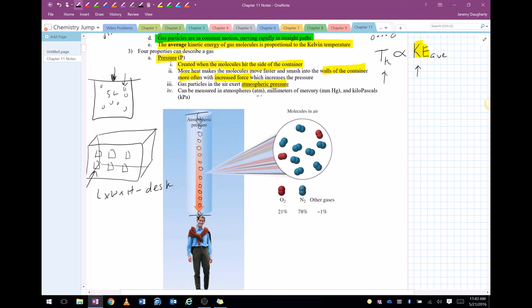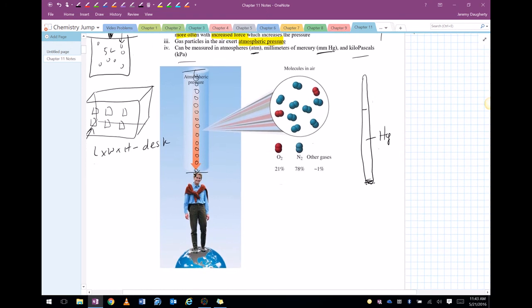Some units that can be used to describe this are atmospheres, millimeters of mercury, which is literally, if I have a tube full of mercury, how many millimeters of mercury would exert the same amount of force as the atmosphere. And then kilopascals, kPa.